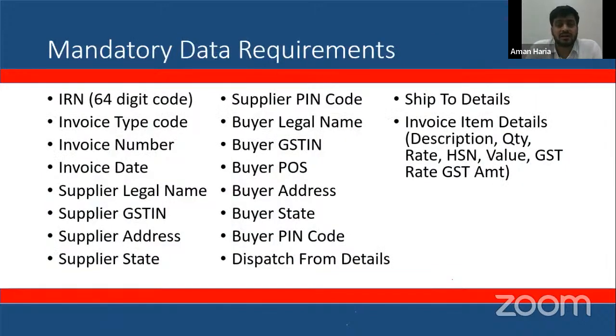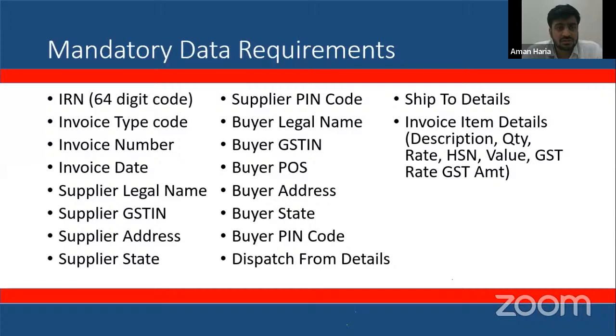So what are the mandatory requirements which are listed, which are required to generate the e-invoice? The first one is invoice type, whether it is B2B, regular, credit note, debit note, what is the type?